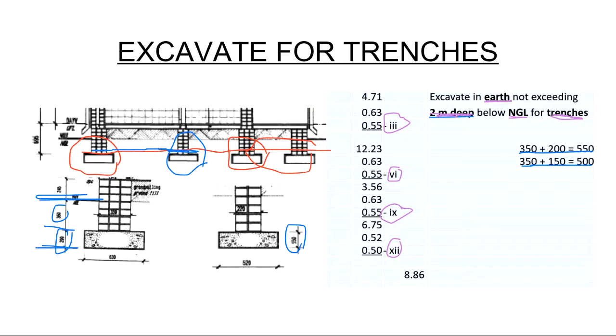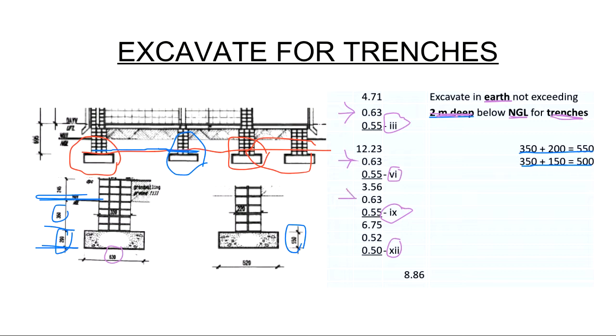Then you can go and look at your sections again and the red circled footings over here are all the same size. So they're all 630 millimeters wide. So you can see I'm using them there in detail 1, detail 2, as well as detail 3.